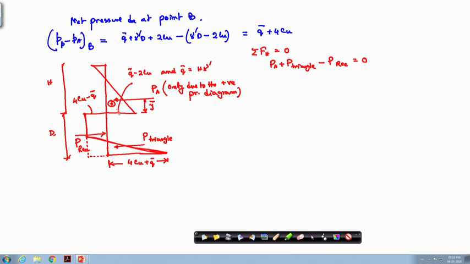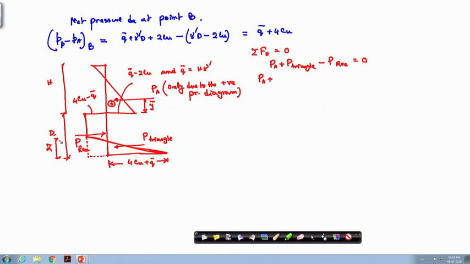Now, P A, as I mentioned, is the only positive part that you have to consider. Plus the triangle portion, where z is the height of this triangle from this point.